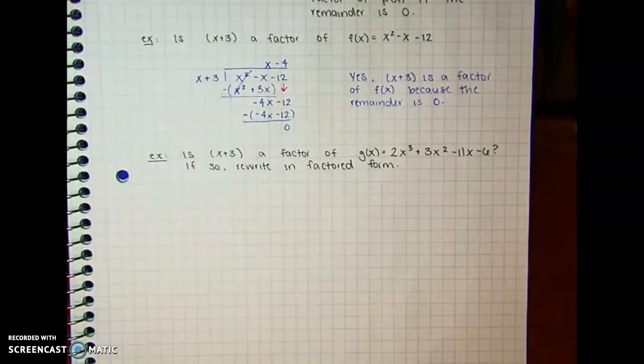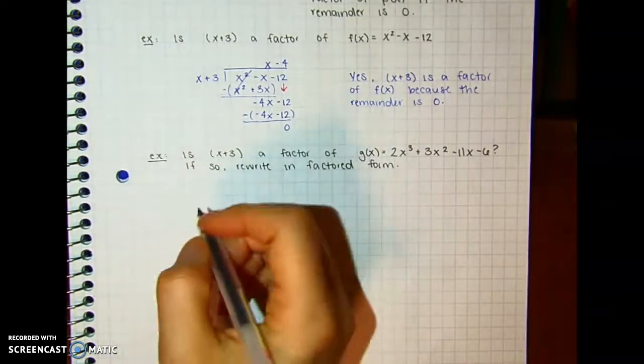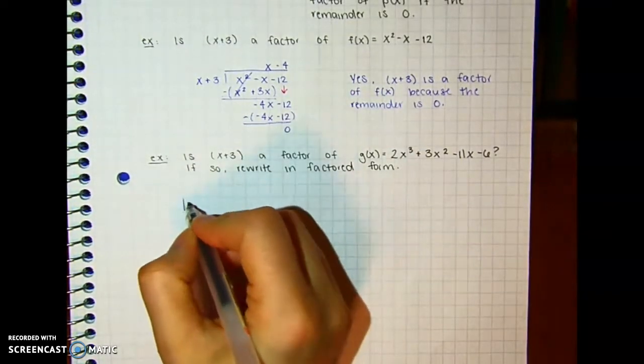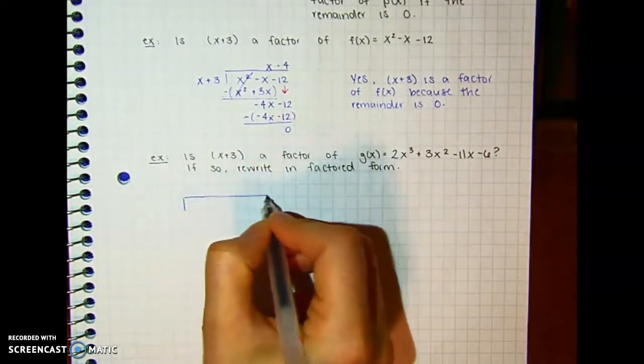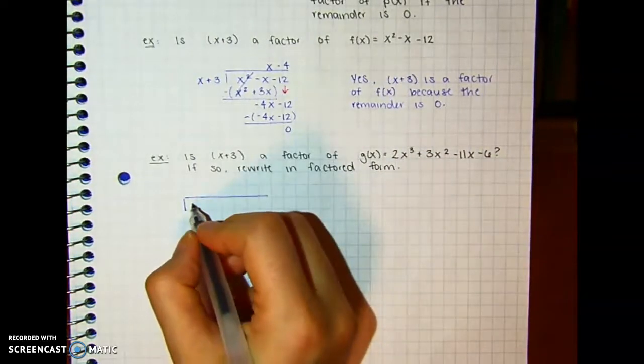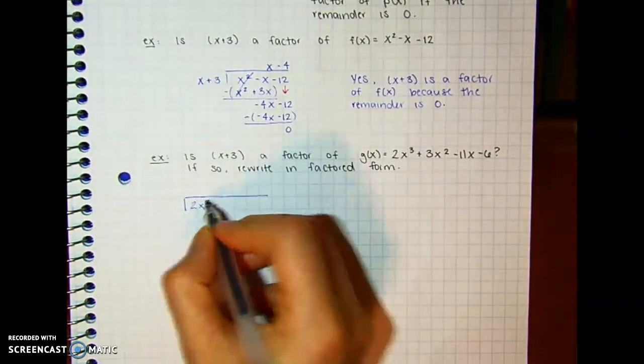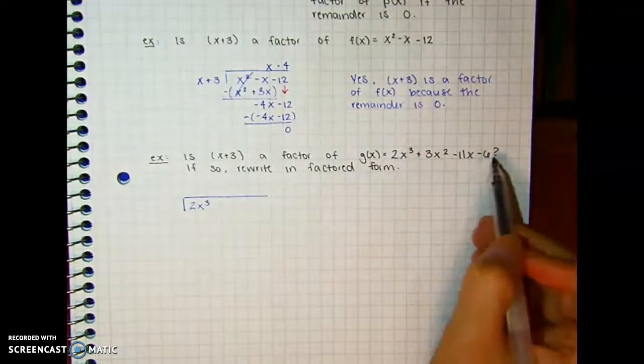Okay, so first thing we need to do is long division. So I'm going to do my division symbol, and then inside I'll put my 2x cubed, and make sure there's a term for each part, right?